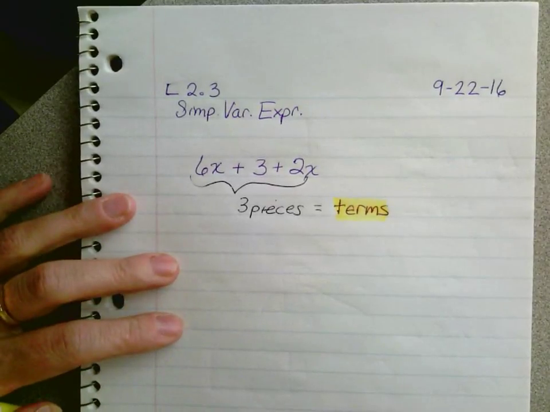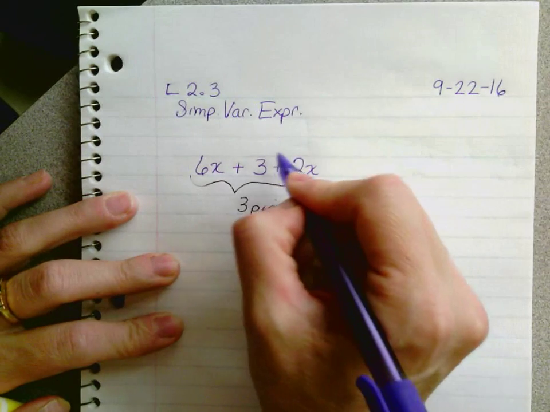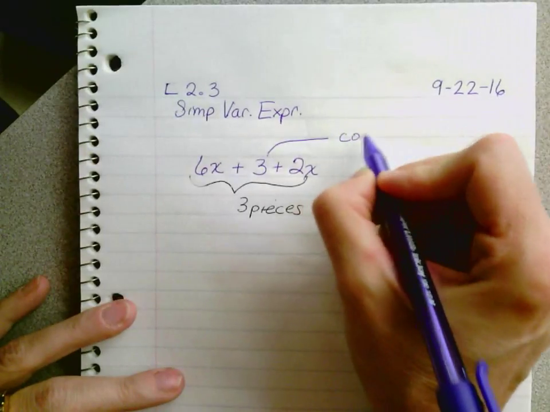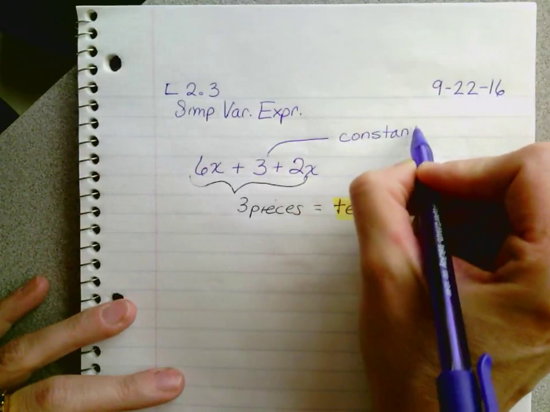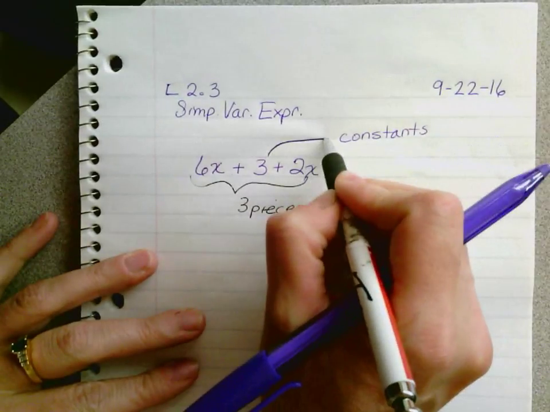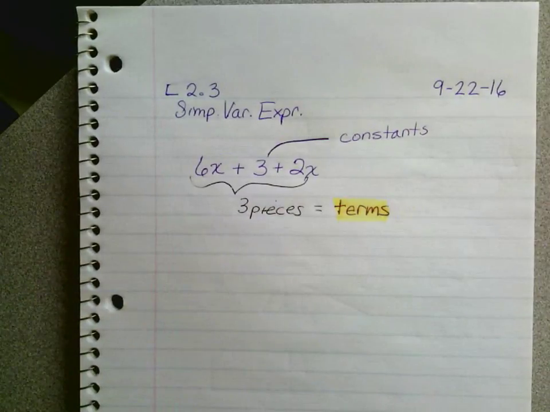Incidentally, there are 2 different types of terms. There is a numeric term. Numeric terms are called constants because no matter what, 3 always means the same thing, so its value is constant.